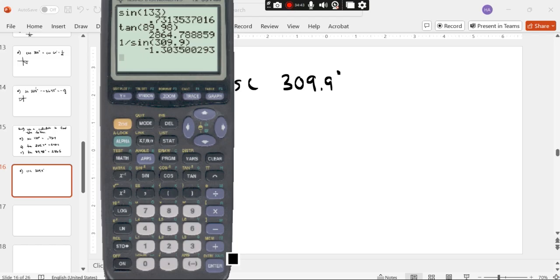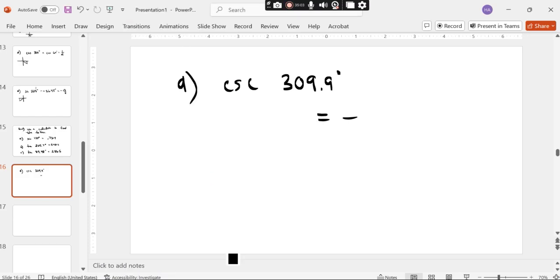In trig, unless you're in tangent, which is very rare that you go into the thousands place, we normally like to keep it at 4 decimal places. So if they're not big, humongous numbers, we just go with that. So negative 1.3035.